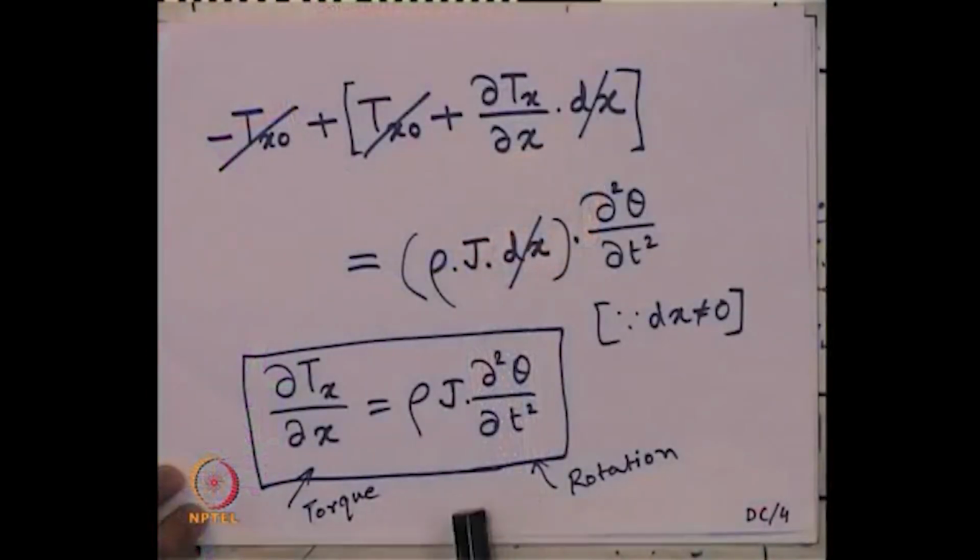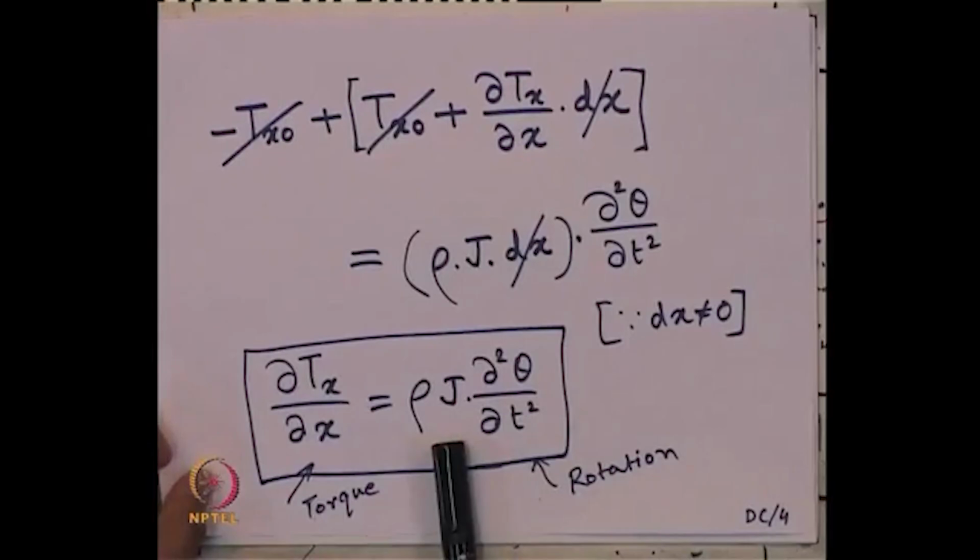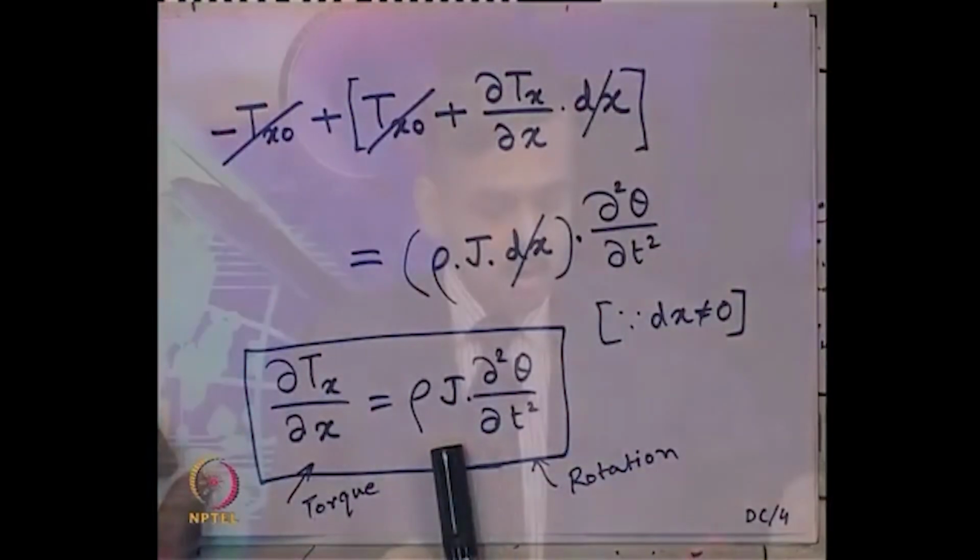after considering the equilibrium, we had arrived at this relationship of torque versus rotation in this form, where J is the polar moment of inertia.